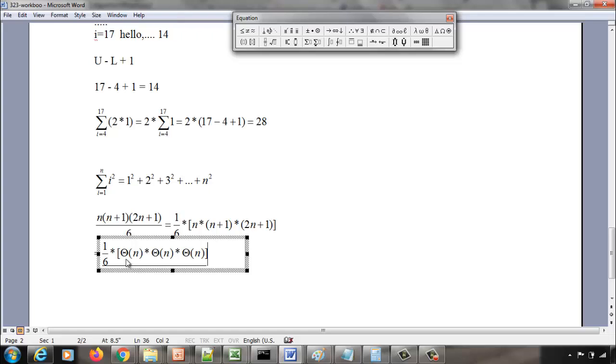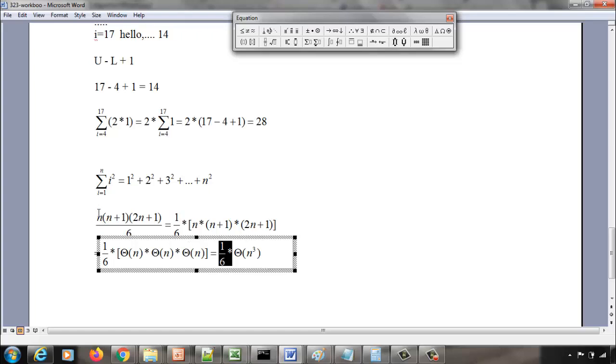So we have theta of n times theta of n times theta of n. So that is nothing but theta of n cube. Okay, so now we can discard this coefficient and simply say that the whole thing is theta of n cube.